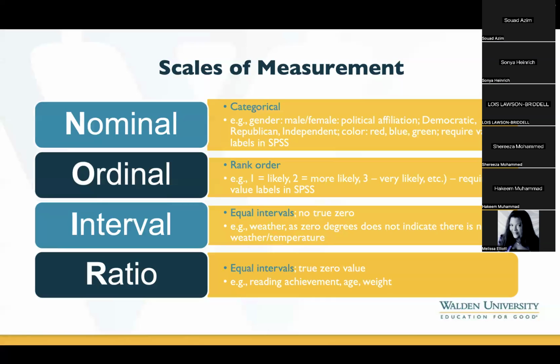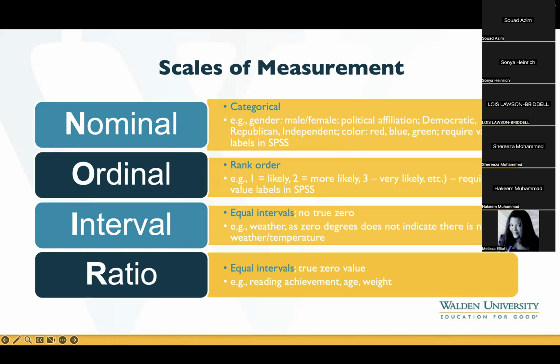So there are 4 basic scales of measurement. And we call them the nominal, ordinal, interval, and ratio. Now, these scales of measurement have a hierarchy. And I'm going to start with nominal. Now, that's not the highest order. What I'm talking about is that it's a categorical variable.